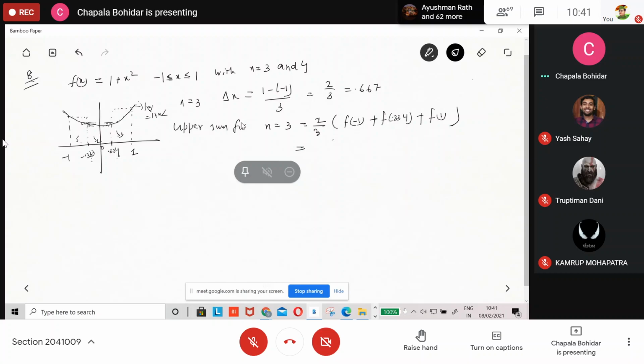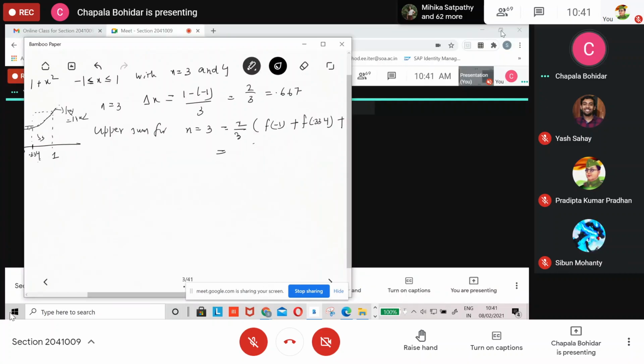Upper sum. You are getting 3.62. I am getting 3.407 here. What did you write down? F of minus 1 is 2. F of 1 is also 2. And f of 0.334, how much have you written there? Ma'am, I take f of 0.334 equals 2 by 3.